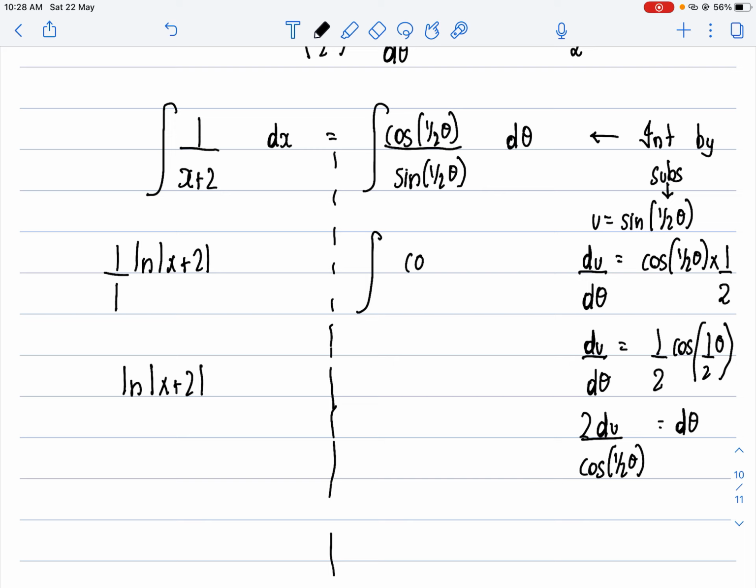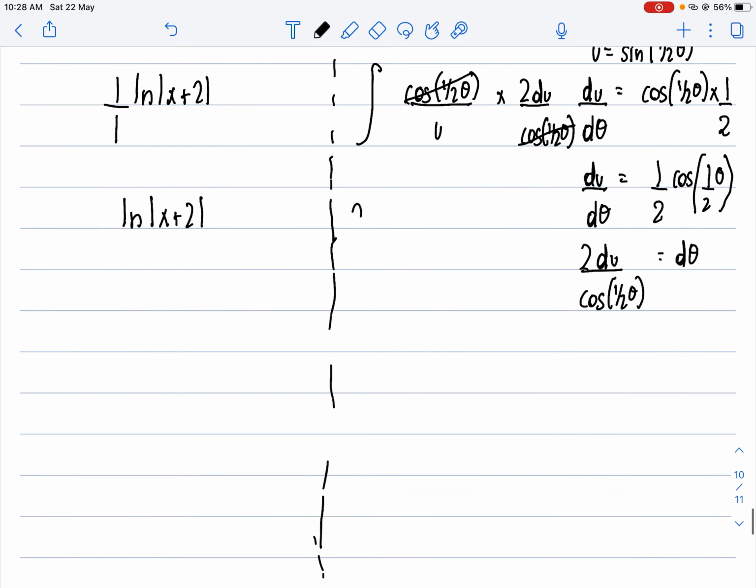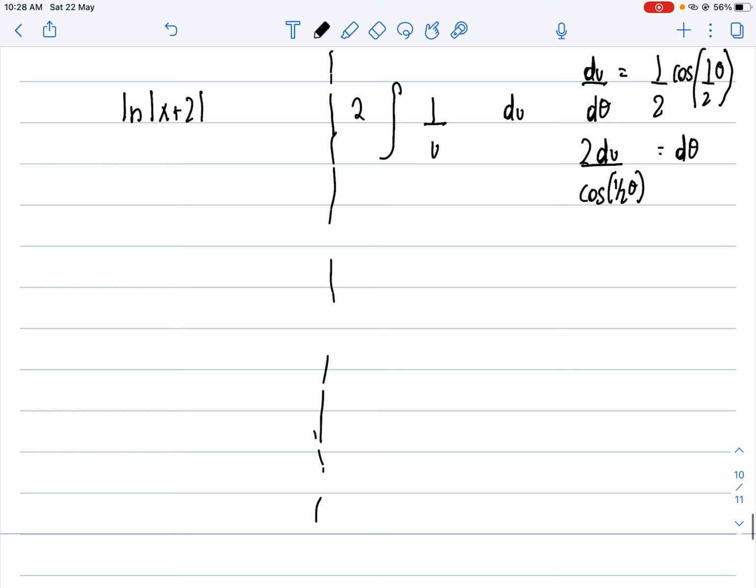I can write this as cos half theta over u, and in the place of d theta, I can write 2 du by cos half theta, where I can cancel to get 2 into the integration of 1 over u du. This is 2 into ln u.